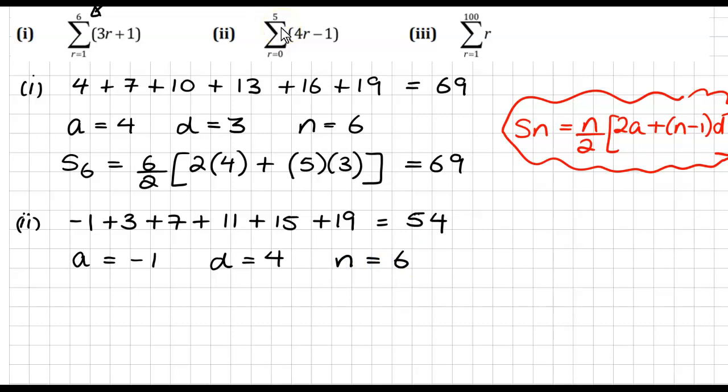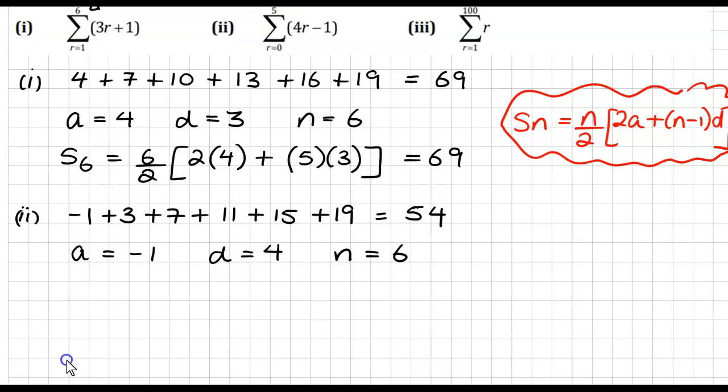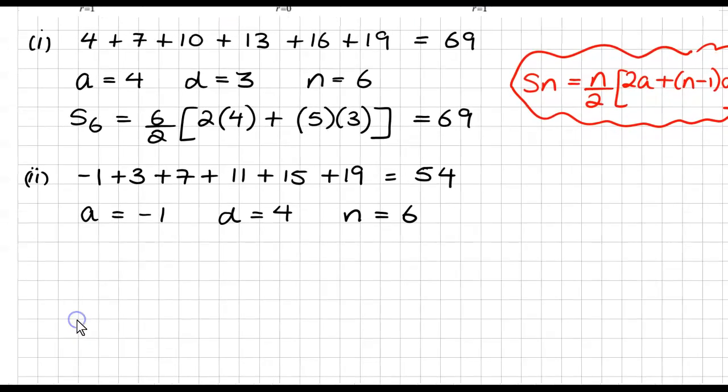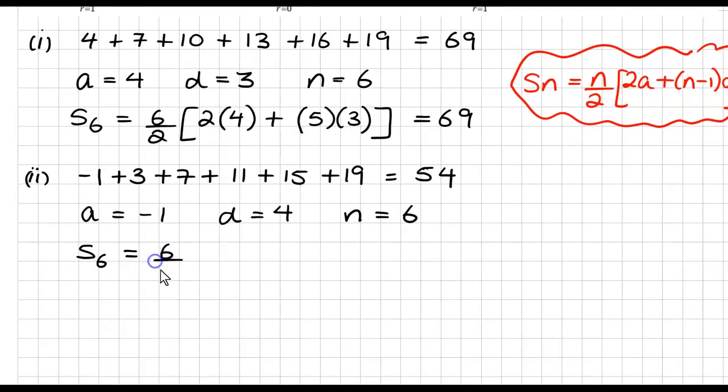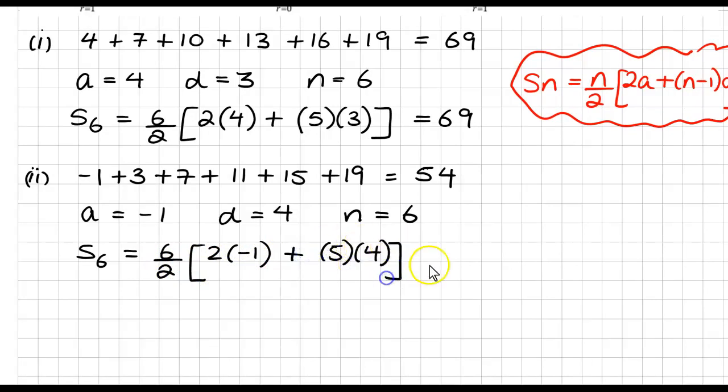You have to take care of the fact that this one started at 0. So filling that into my formula, I would be getting S6, 6 over 2, 2 times minus 1, plus we needed 5 differences again, of 4 this time.